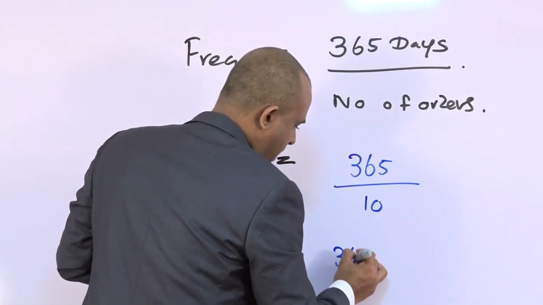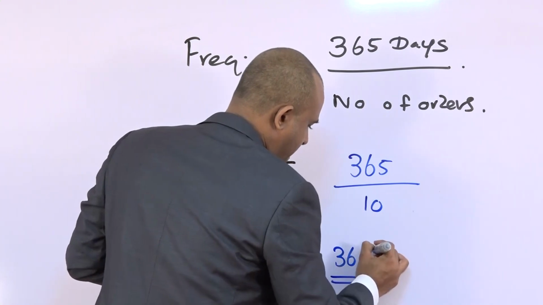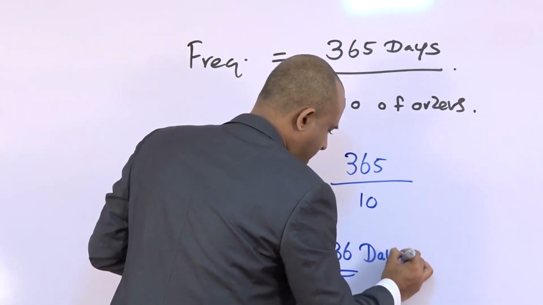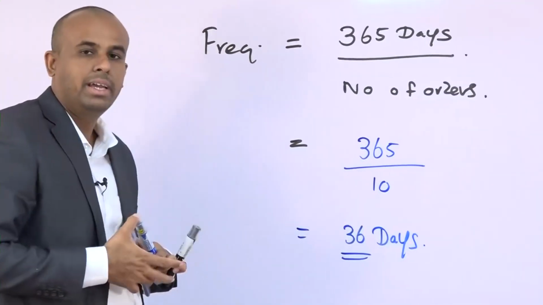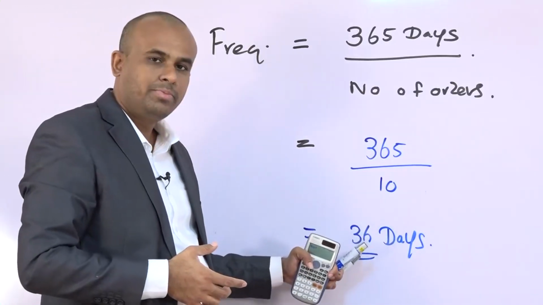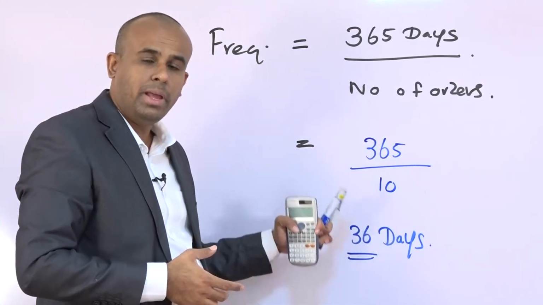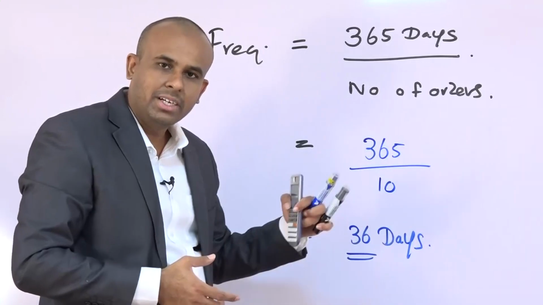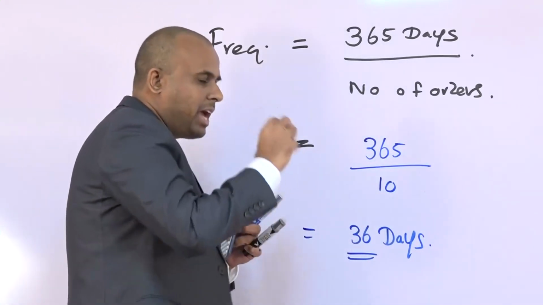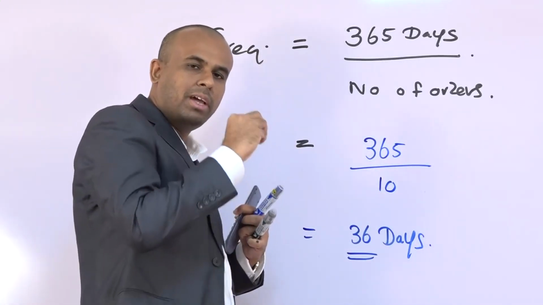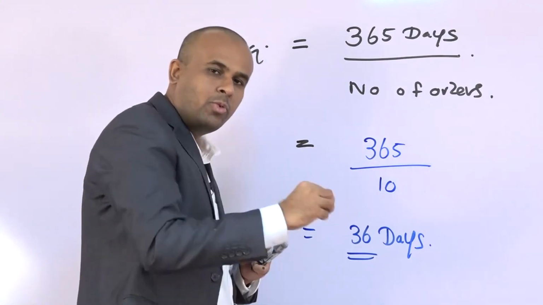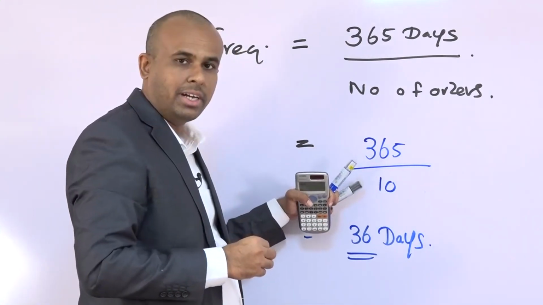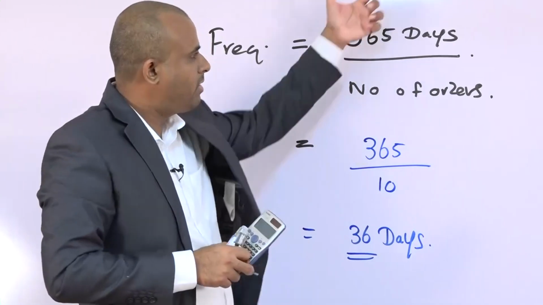Then Putha, 36.5. We take it as 36 days. Accordingly, what is the meaning of this? This business should place the order every 36 days. Putha, if you place the order every 36 days, annually you can place how many orders? 10 orders.